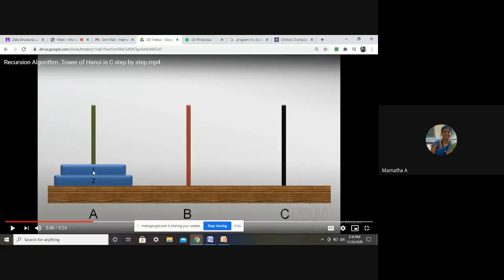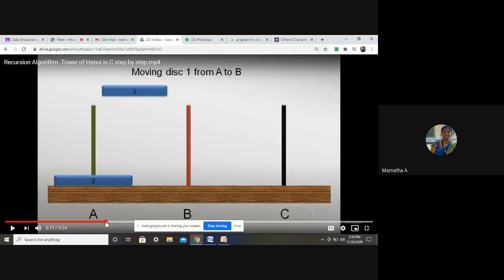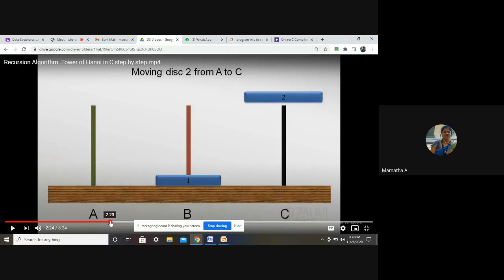So first movement, move what to what? Move disc 1 from where to where, students? A to B. Move disc 1 from A to B. Then next movement.